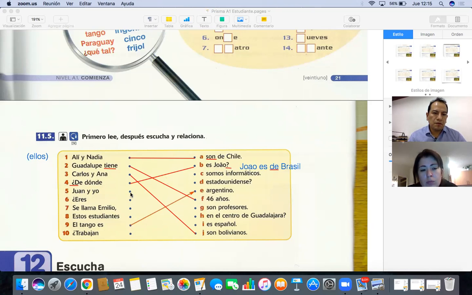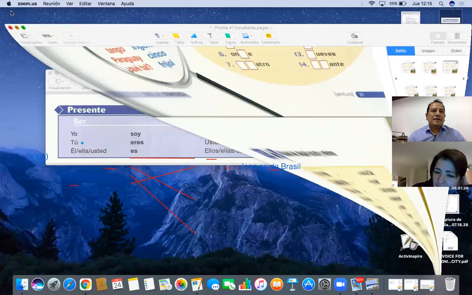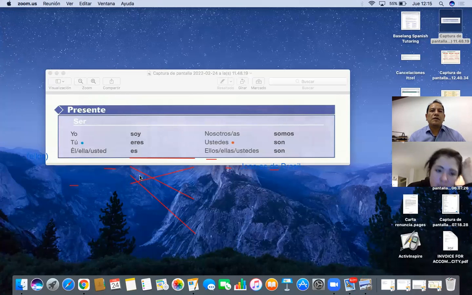Vamos con número 5. Juan and I. And then I think it's G, son profesores, but it's including me. Look at the chart. Where would it be? Nosotros, because it's Juan y yo. That means we, he and me.